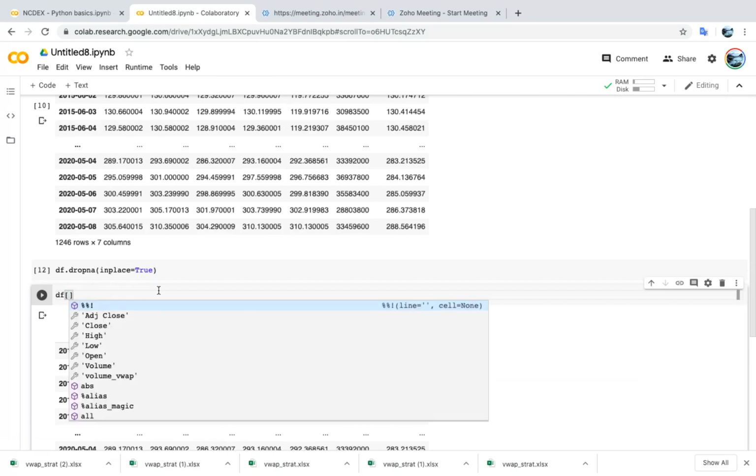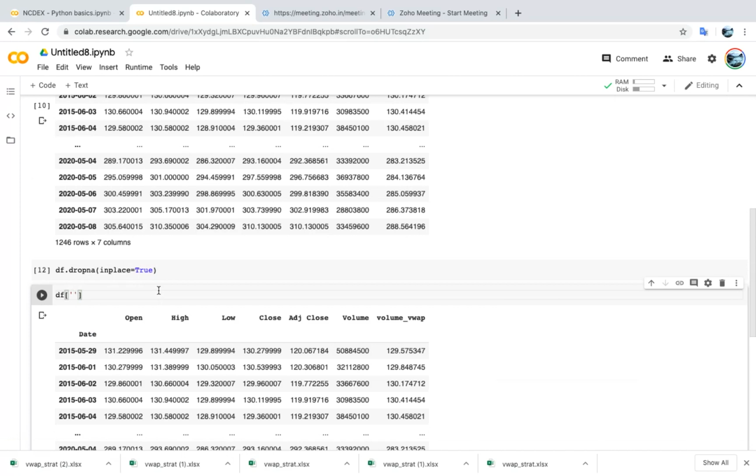So what I will do, I will create one more column, VWAP price difference, is equal to DF. We are taking close price minus VWAP.